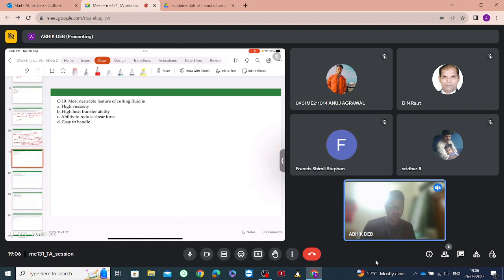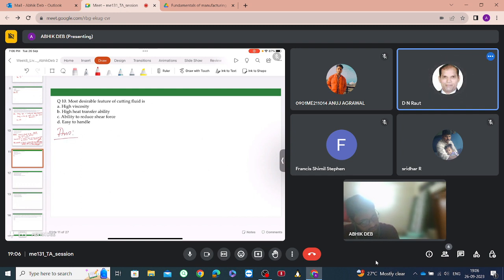Now coming to the next problem, most desirable feature of a cutting fluid is which of these? High viscosity, high heat transfer ability, ability to reduce the shear force, or easy to handle? Heat transfer ability. Yes.